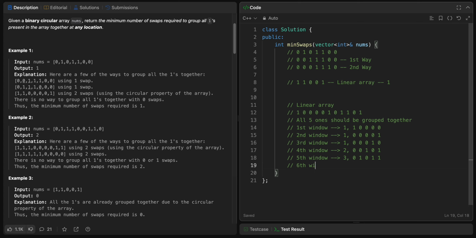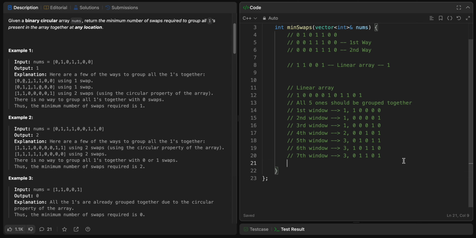Then the sixth window, this is our sixth window, which is again having three ones, followed by the last, seventh window. This being our seventh window, which is having three ones.